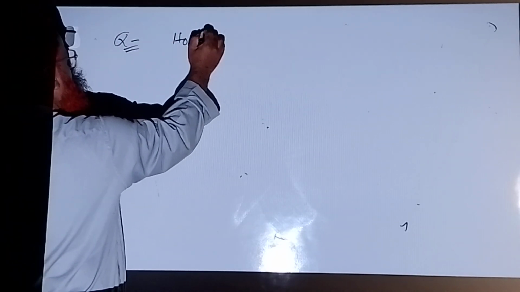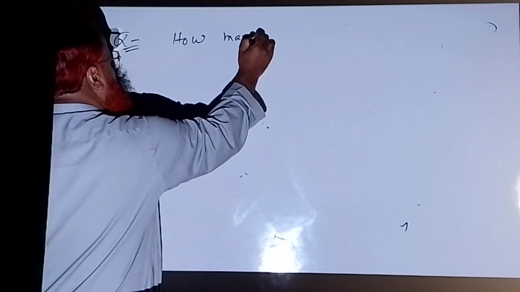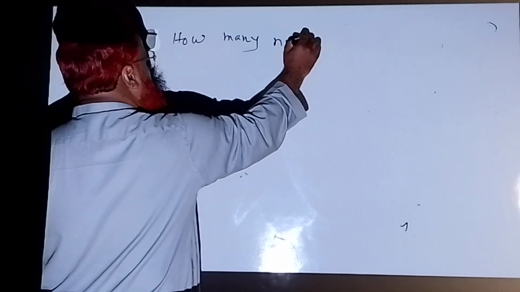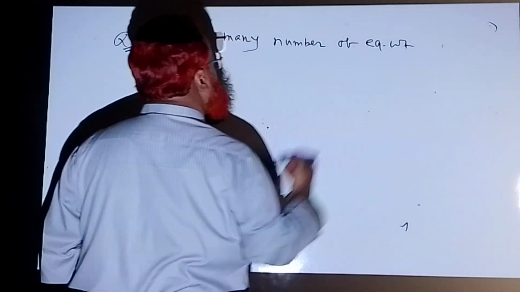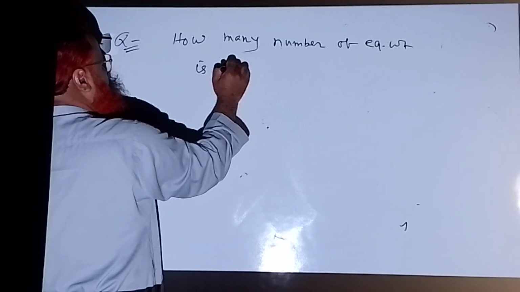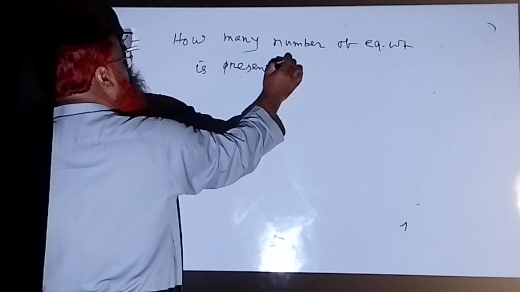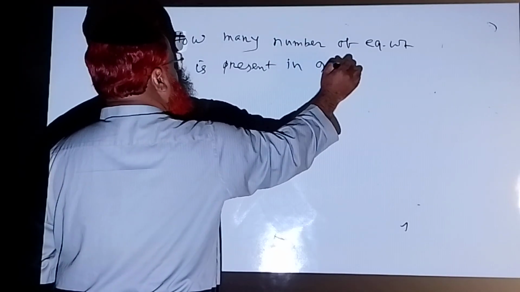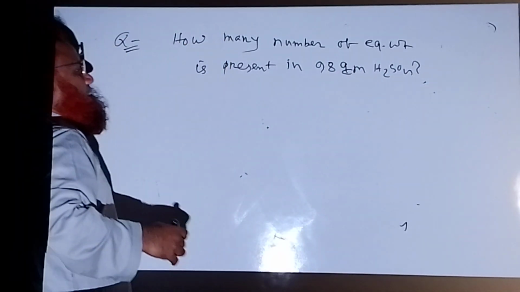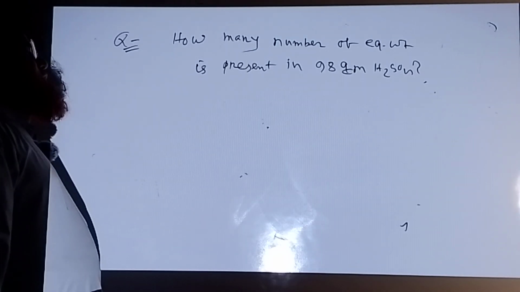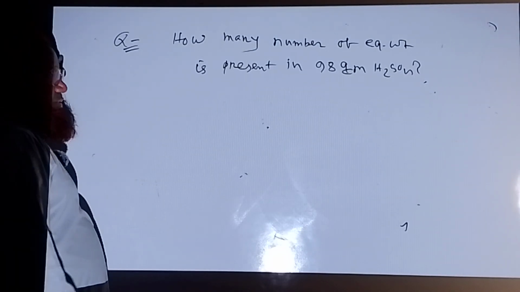How many equivalent weights are present in 98 gram H2SO4? How many equivalent weights are present in 98 gram H2SO4?